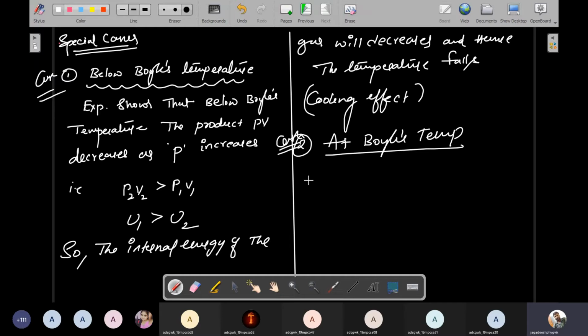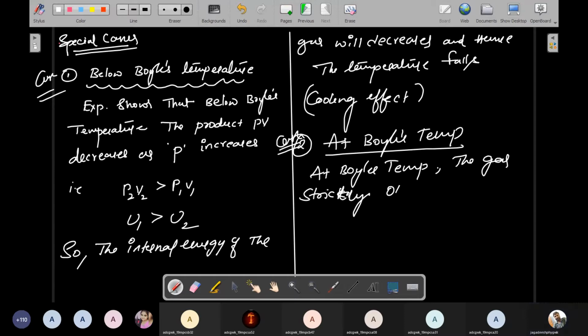Okay, so therefore, at Boyle temperature, the gas strictly obeys Boyle's law. So at Boyle temperature, the gas strictly obeys Boyle's law.